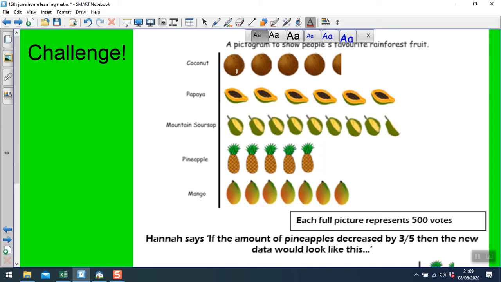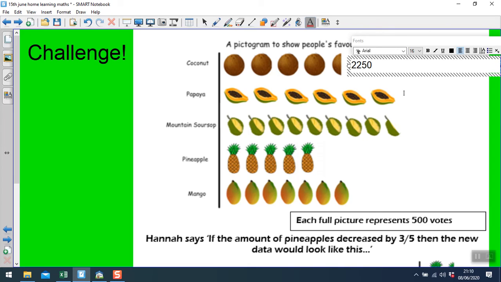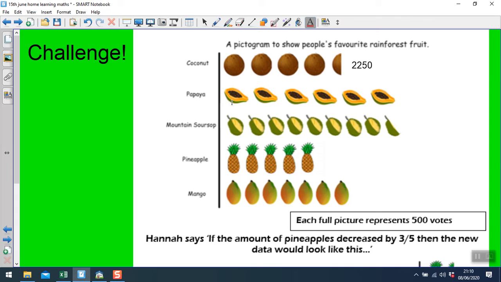So coconut, I've got 500 per picture. So 500, 1,000, 1,500, 2,000, plus half of 500 is 250. So it's 2,250. Papaya, 500, 1,000, 1,500, 2,000, 2,500, 3,000.